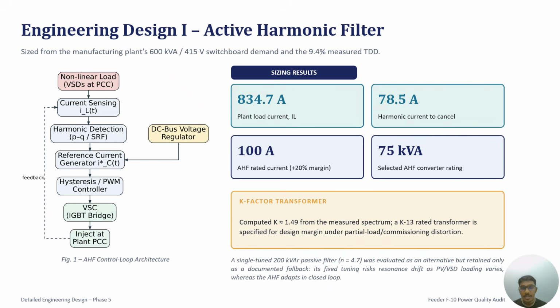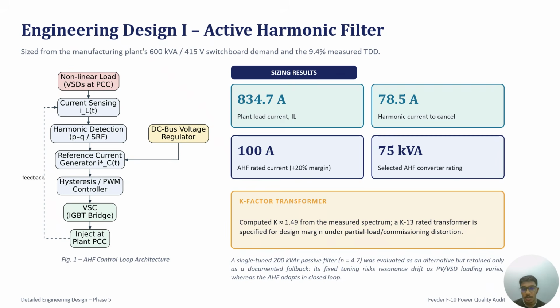We also specify the K-factor transformer. From the measured spectrum, we compute K equals approximately 1.49, but for design margin under partial load and commissioning distortion, we specify a K-13 rated unit.